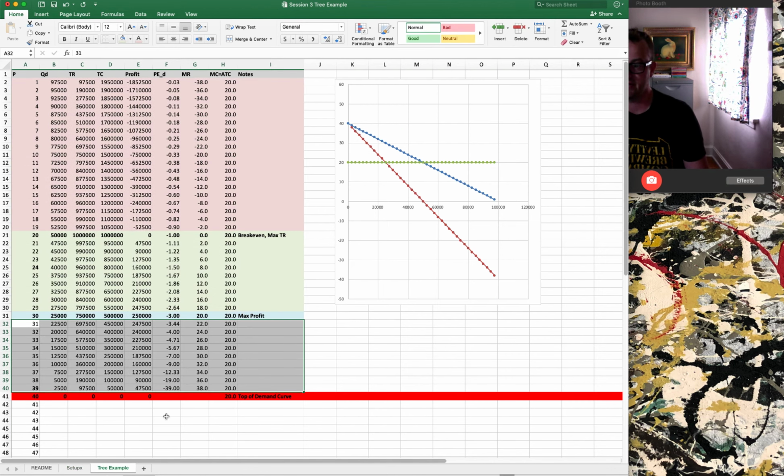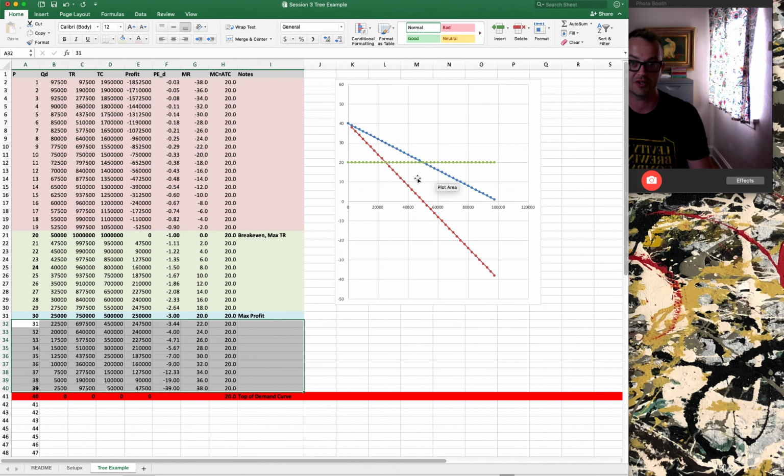I have this kind of lined up. At these low price points, I'm making a negative profit. I want to stay away from there. So everywhere up to $20, the price is too low. I'm making a negative profit. My costs are too high at this point, right?